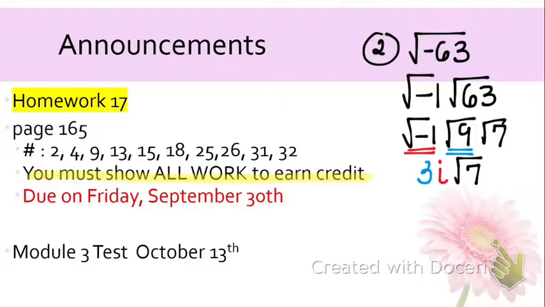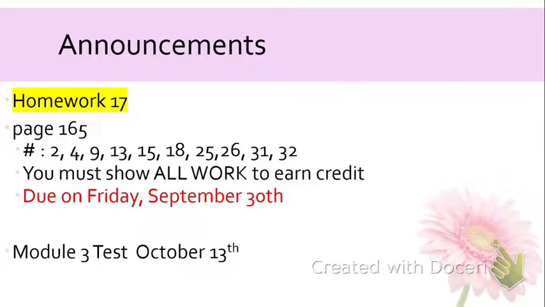All right, try to do number 4 by yourself. So let's look at question 9. Number 9, we have to multiply 2 square roots that have negatives under them. So let's work through question number 9.